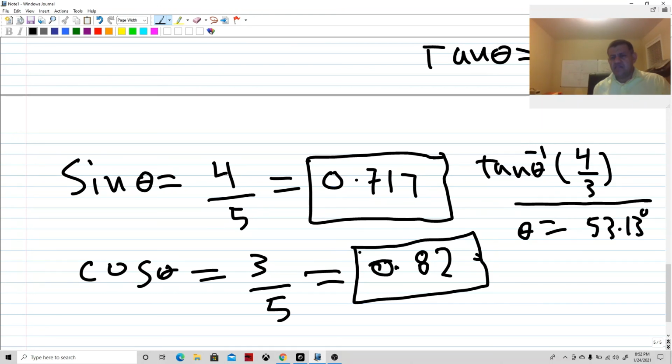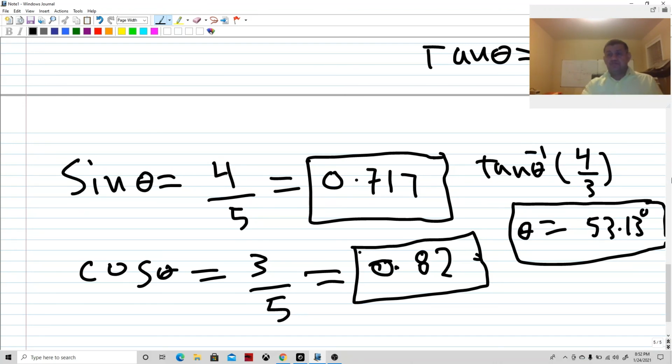That is the angle from the ratio between the opposite and the adjacent.